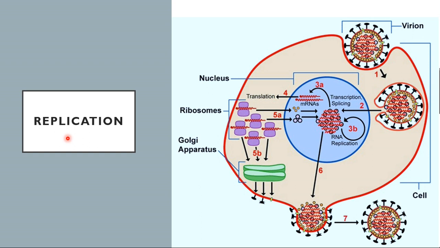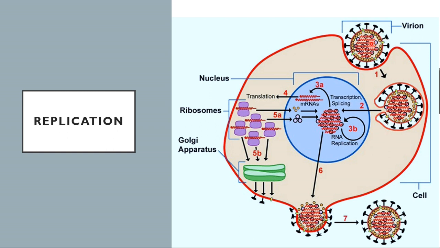The replication, or the production of more viruses, is enhanced by the process called endocytosis. That means the influenza virion enters into the host cell by the process called endocytosis.